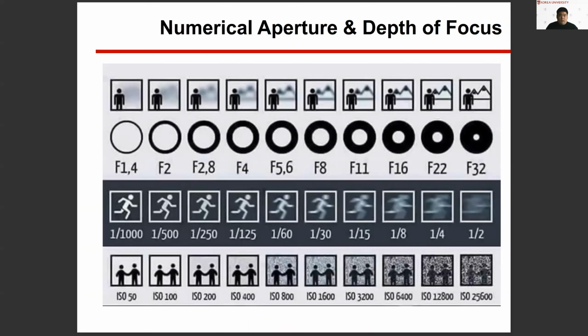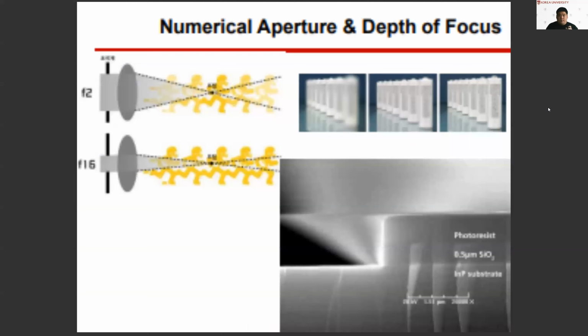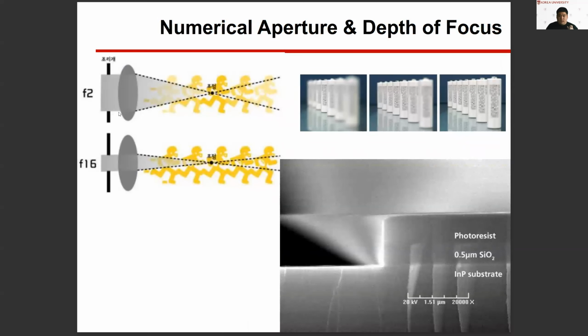Let's move on to the optical things, the depth of focus and numerical aperture. The depth of focus is related to the size of the opening of a camera. If we close the camera aperture like this, the amount of light is smaller than with a wide open camera.